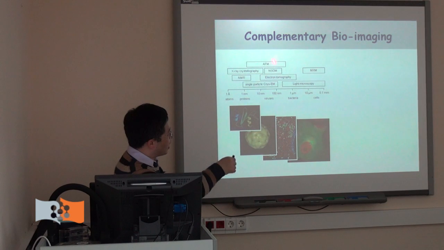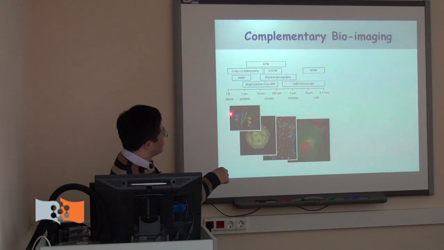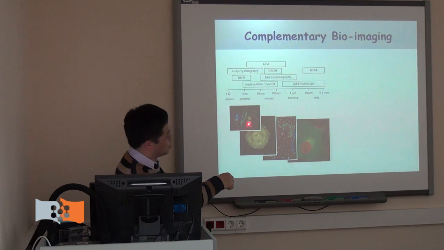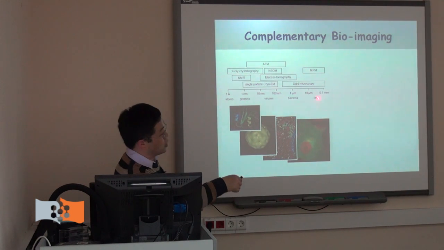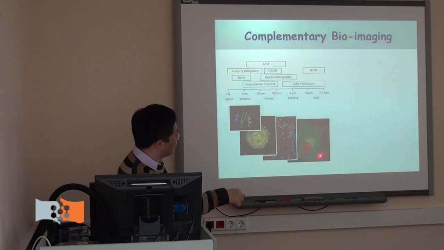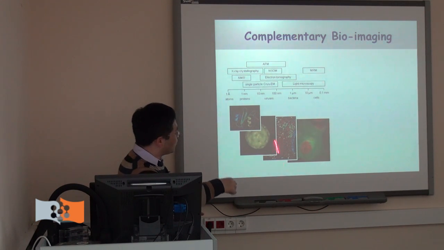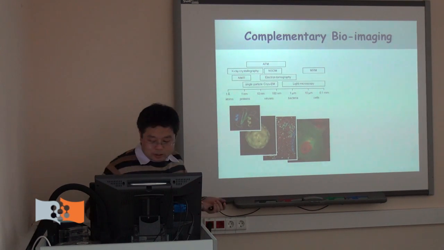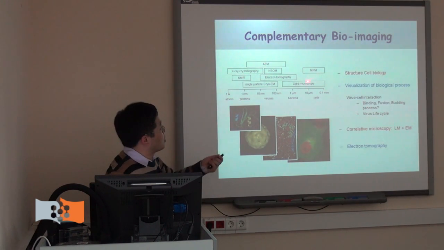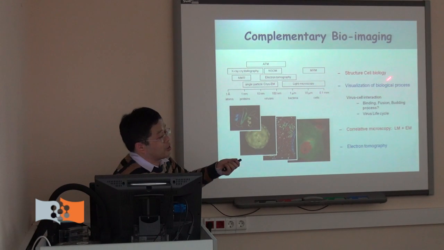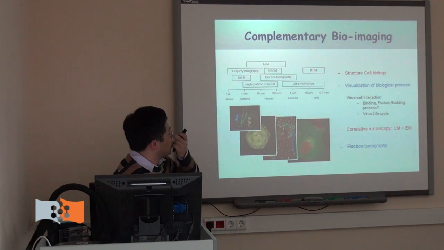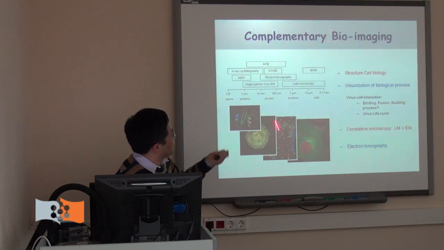There is always a gap between them. You see the high resolution atomic structure, but how does it look in the cell context? So electron tomography can bridge the gap between high resolution and low resolution work. That's what we call structural cell biology, and electron tomography can play an important role in this area.